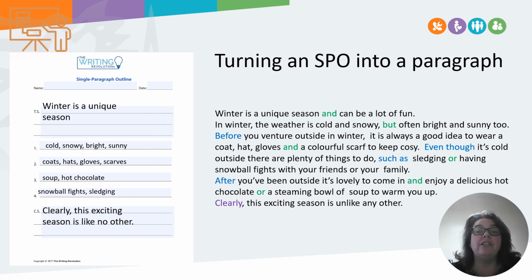It's worth mentioning here that creating the SPO is a skill in itself and should be the focus of the teaching, so it's not necessary that all paragraph outlines need to be turned into a full paragraph. Creating an SPO, whilst not something Primary 1 learners would be asked to do independently, is something that could be modelled to our younger learners as a foundation on which to build further writing experience.